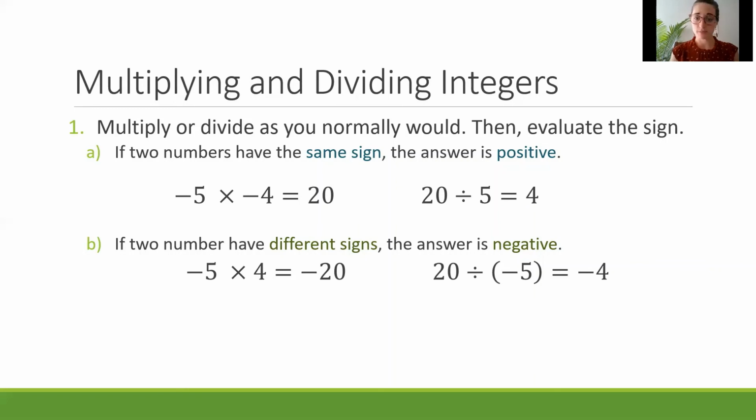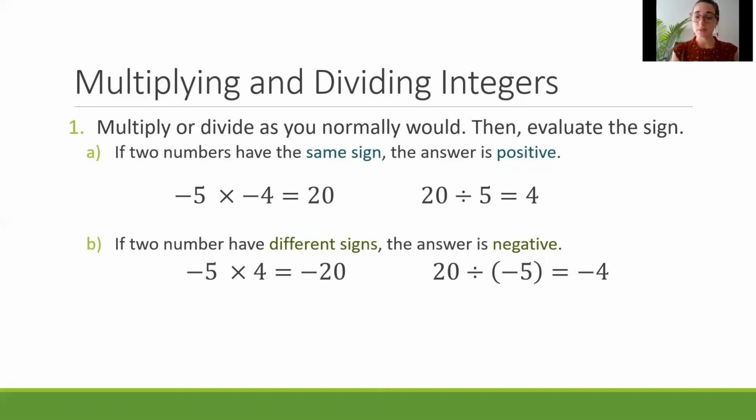Same thing with division. If I have a +20 divided by a +5, same sign on both, my answer is going to be 4, and it's going to remain positive. Now, if we have two different signs, so a -5 times 4 equals -20, because the different signs mean that we get a negative answer.